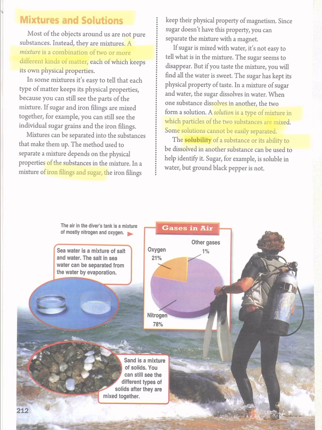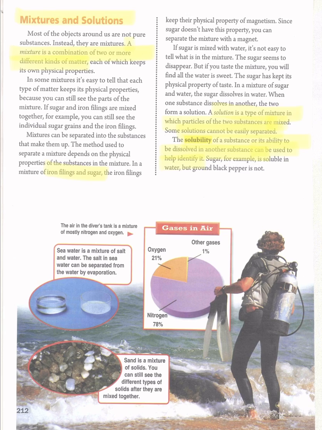Solubility is the ability of a substance to dissolve in another substance, and it can be used to help identify it. For example, solubility is the ability of a substance to dissolve in another substance.